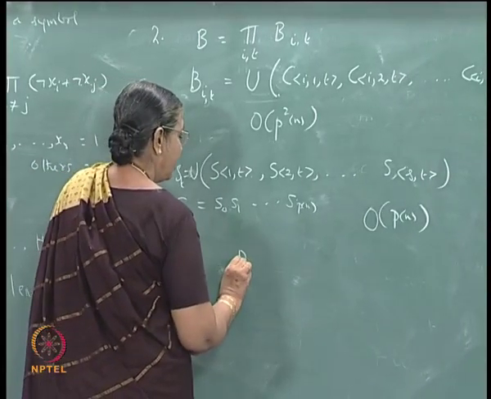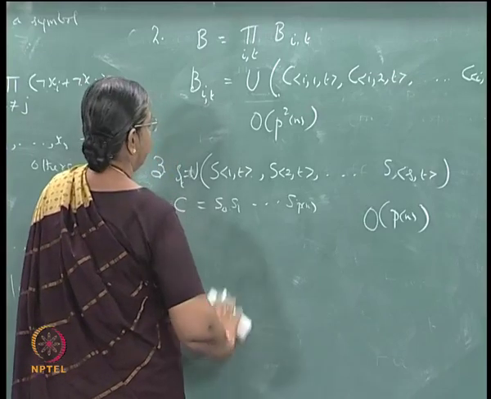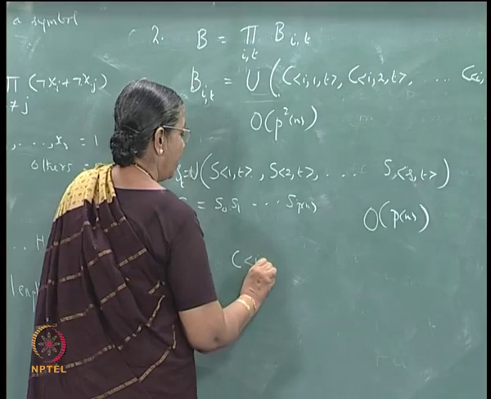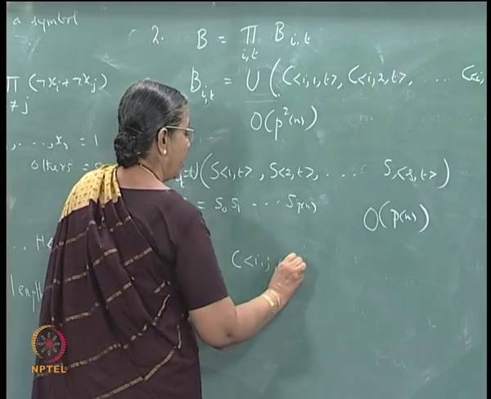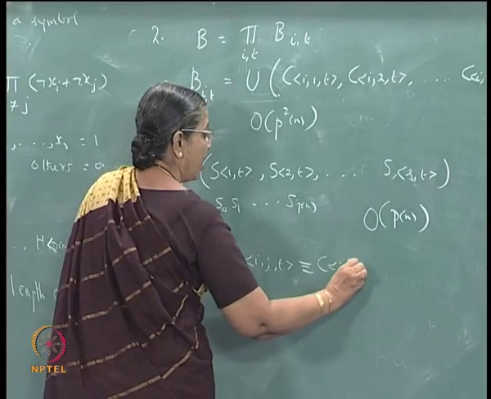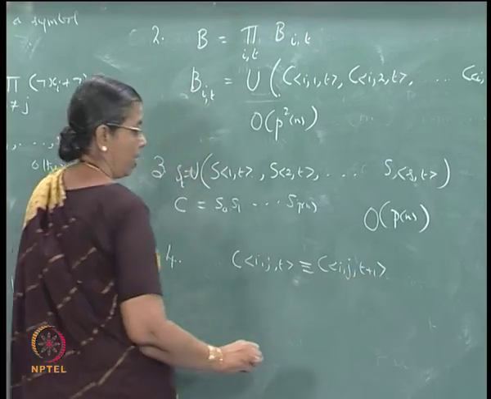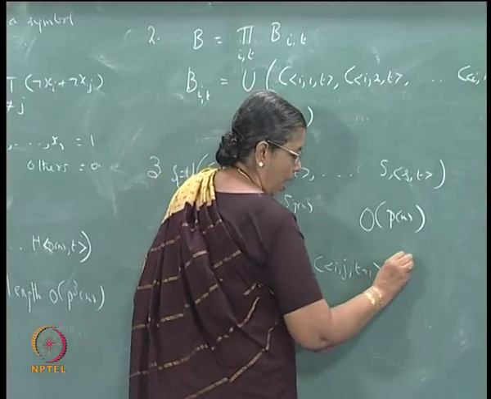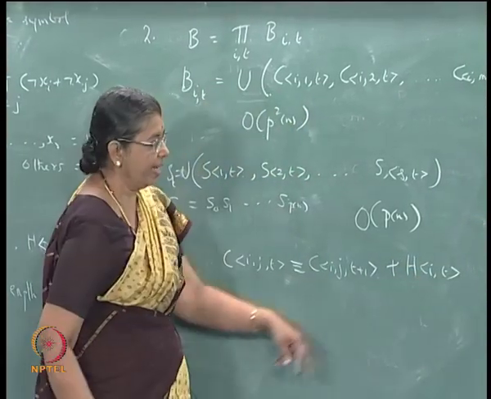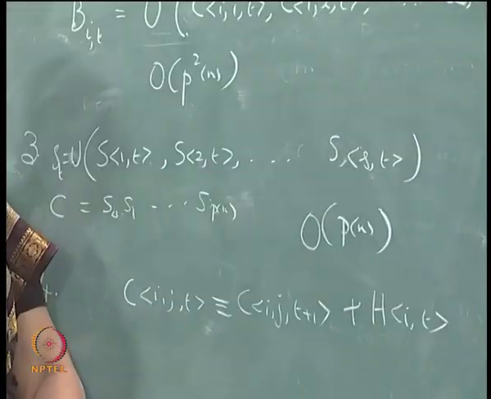So, that is C_ijt is the same as C_ij(t+1), or either the head is scanning the ith cell.